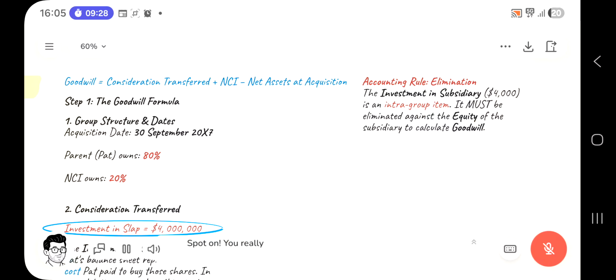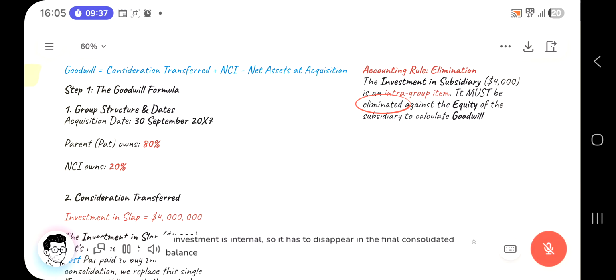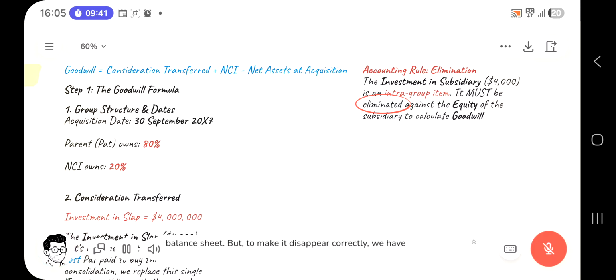Spot on! You really know your stuff. You are exactly right. The investment is internal, so it has to disappear in the final consolidated balance sheet. But to make it disappear correctly, we have to compare it to what we bought. Think of it like this. The 4,000 investment is what Pat gave, and the net assets are what Pat got.